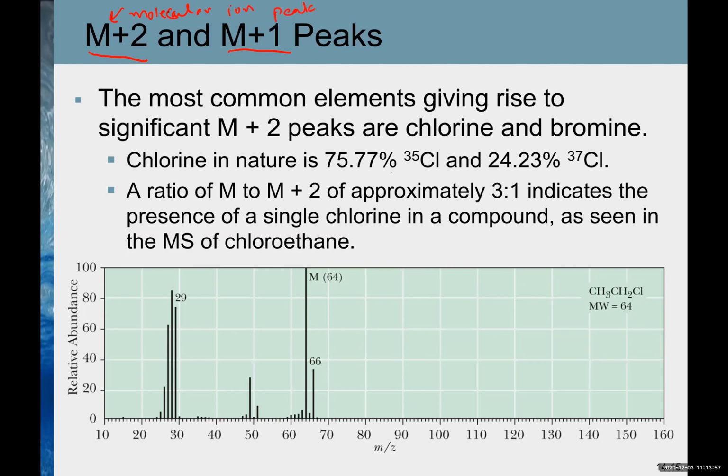So for example, this spectrum is of chloroethane. The molecular mass of chloroethane is 64, and we do get a peak at 64. So this peak is the molecular ion peak. So this peak belongs to this molecule or this fragment.